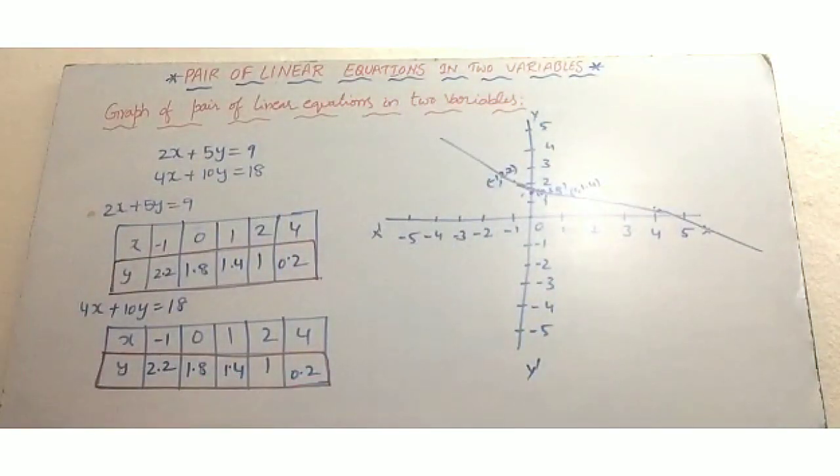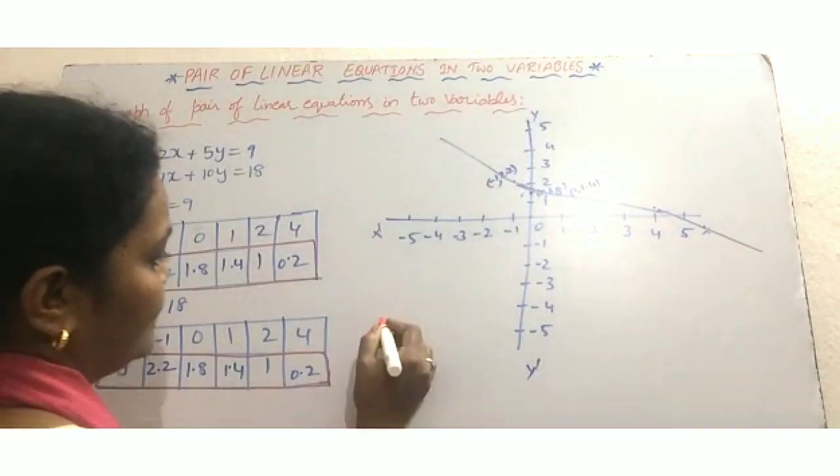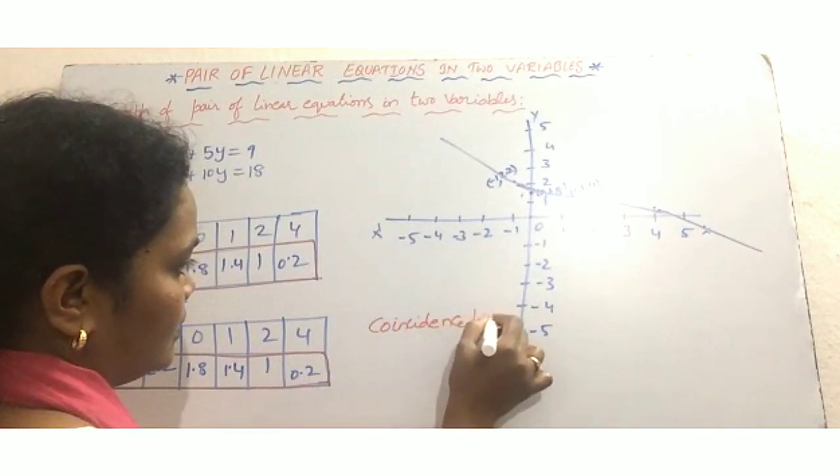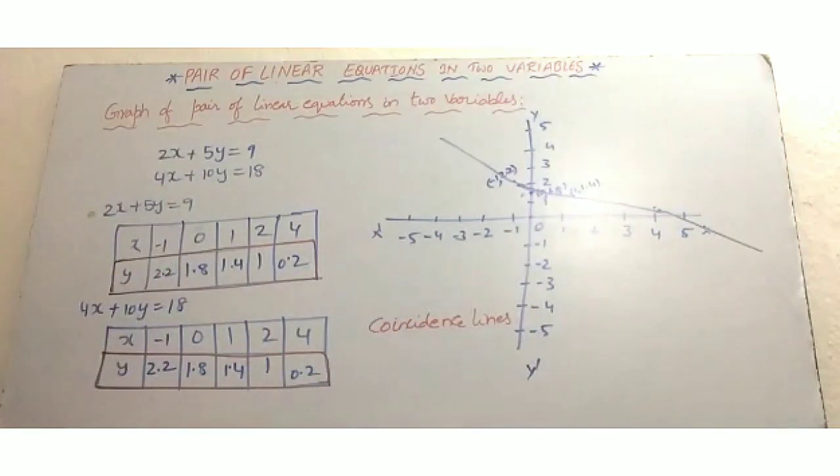So these lines are known as coincident lines.